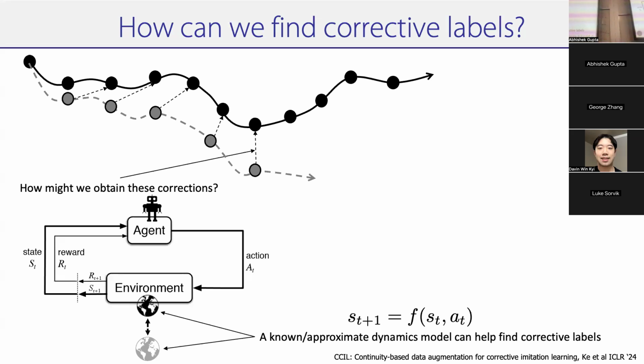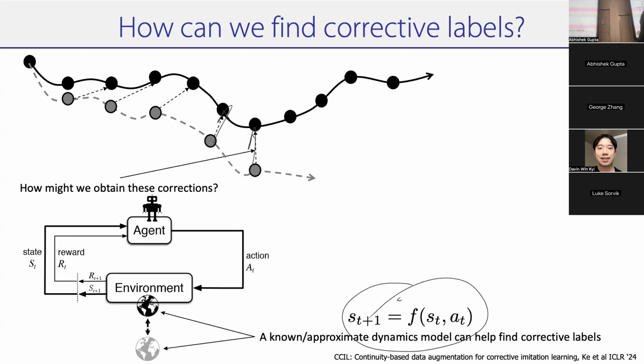And the key idea that we're going to use is that you don't need a human to get you back to the training data. If you know how the world works, you know the dynamics of the world, you can follow the dynamics of the world to get you back, right? So the dynamics of the world tells you if you fed in some state and action, what is the next state, right? And so if you knew this, you could solve an optimization problem, and that optimization problem would tell you how to correct your behavior.